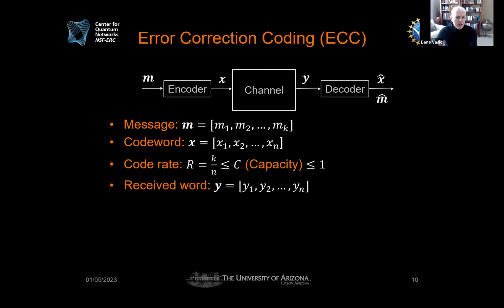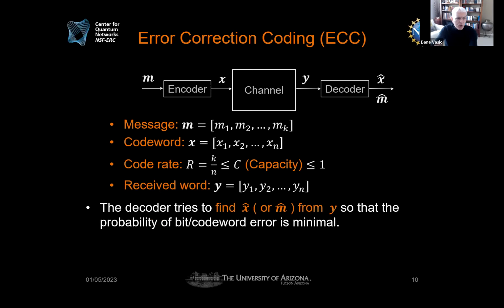Coding theory actually tells us how to construct these mappings between message and code words, and how to design decoders that will map received words to code word estimates X or message estimates M. The role of our decoder is to estimate the transmitted code word or transmitted message from the received vector Y, so that the probability of bit or code word error is minimal.